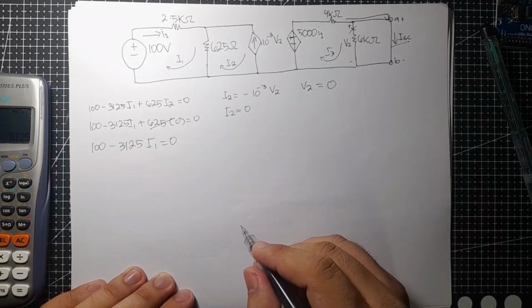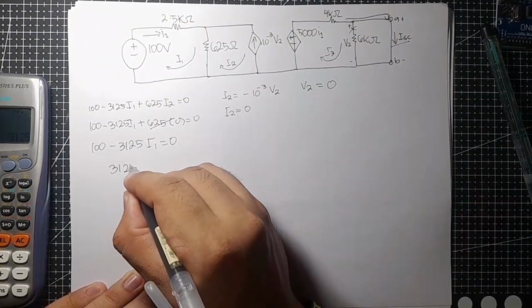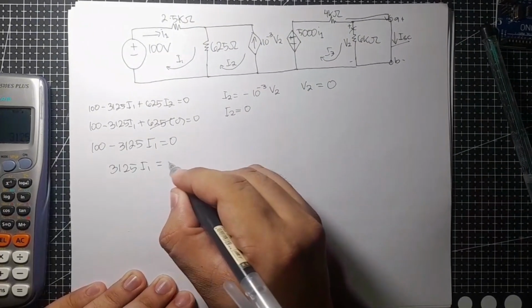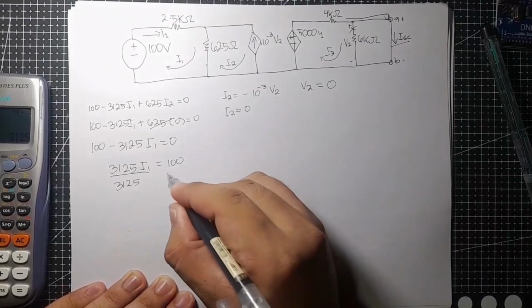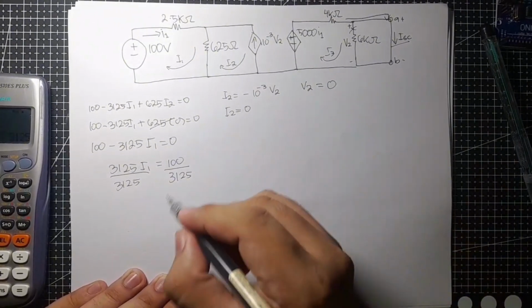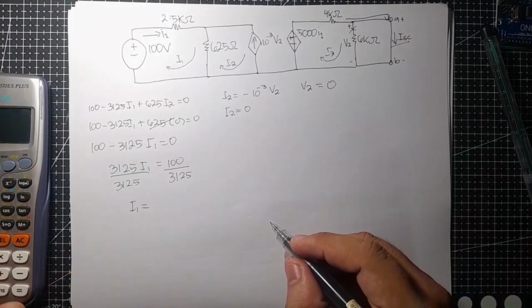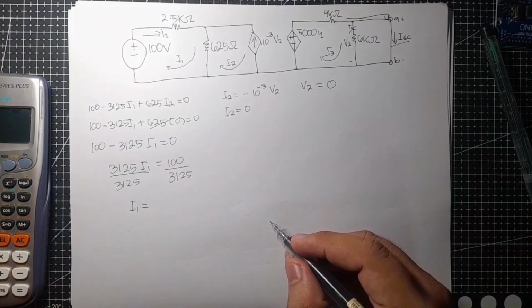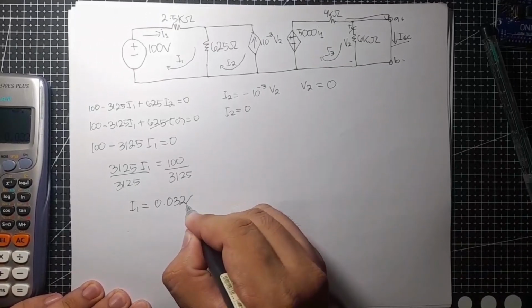So we can now find the value of I1. 3125 I1 is equal to 100, so I1 is 100 divided by 3125, which is 0.032.